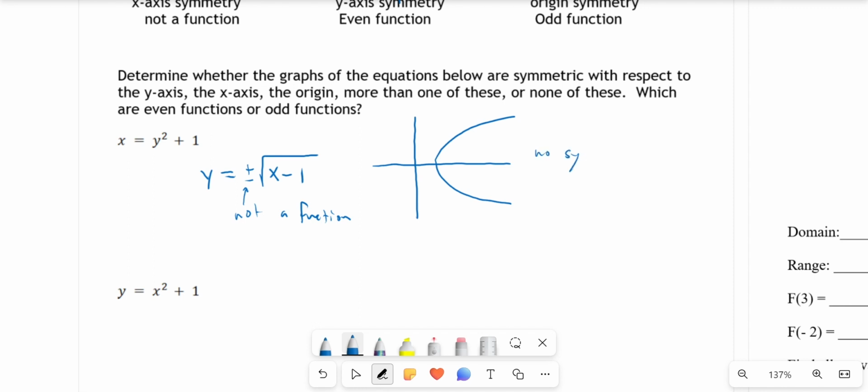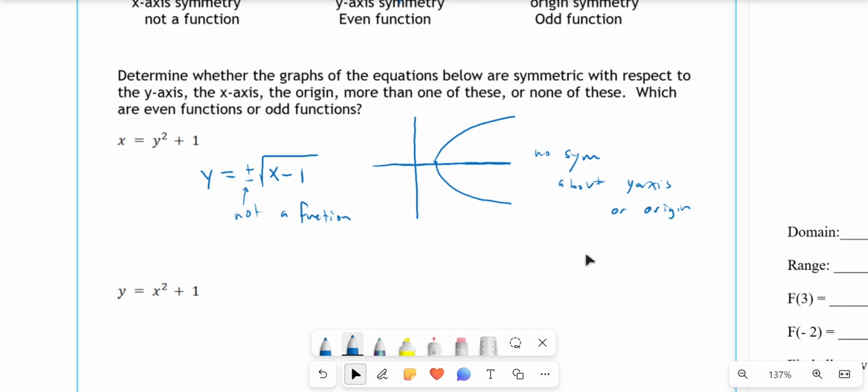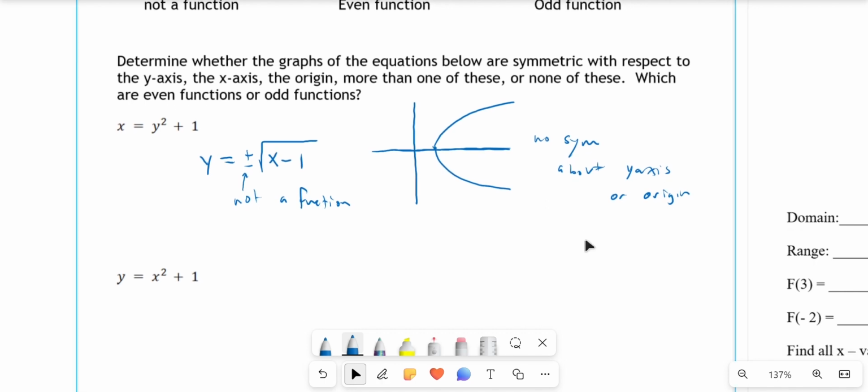It has symmetry with respect to the x-axis, yes, but that doesn't make it an even function. In fact, it's not a function at all. There's no symmetry about the y-axis or the origin. So we wouldn't classify it as even or odd, and we wouldn't classify it even as a function because it fails the vertical line test.